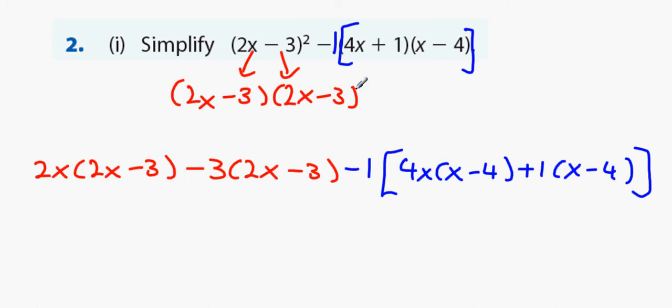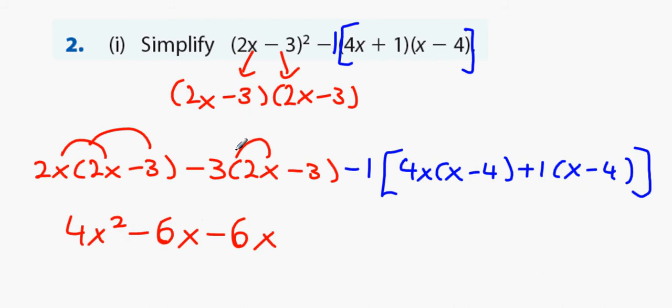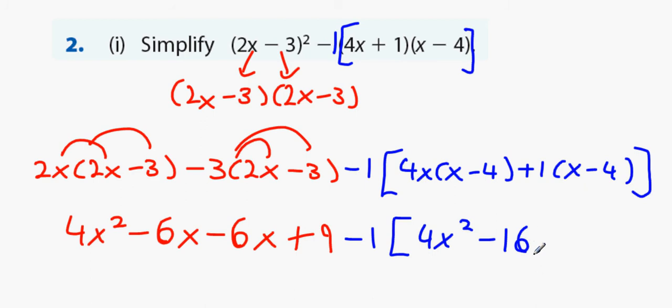What's going to happen is we're going to get 4x squared minus 6x minus 6x plus 9. Then we're going to have minus 1 bracket 4x squared minus 16x plus x minus 4. Now the great thing about this is multiplying in by minus 1.